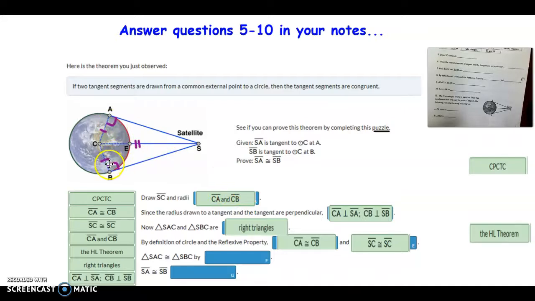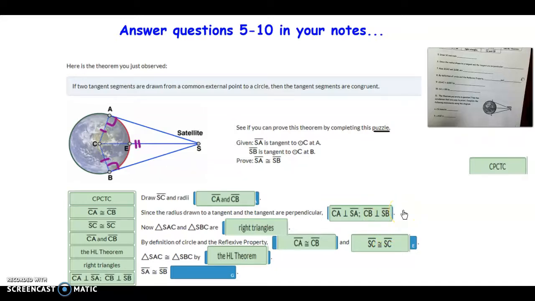These are right triangles. We're given the hypotenuse congruent to itself. That's the side across from the right angle in each of these. And a leg pair is congruent. So by HL, the triangles are congruent. And almost always when we prove triangles congruent and there's more parts of the proof after that, the next step is going to use CPCTC.